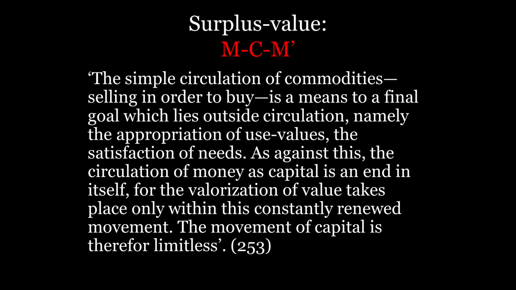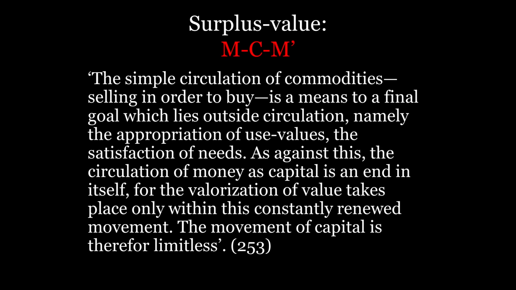So to go back to that formula MCM, as you can see here, it's changed slightly to MCM delta, because the simple circulation of commodities, I'm reading out this citation, selling in order to buy, is a means to a final goal which lies outside circulation, namely the appropriation of use values, the satisfaction of needs.